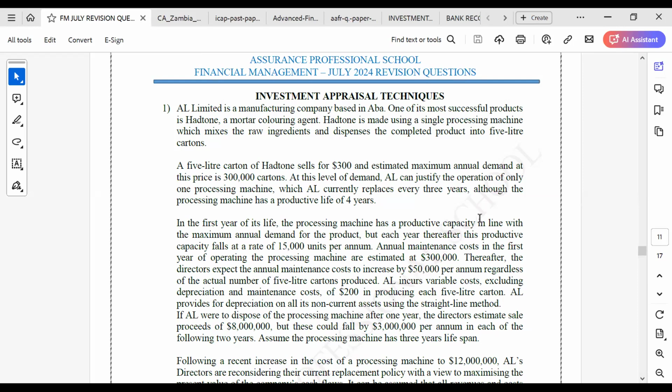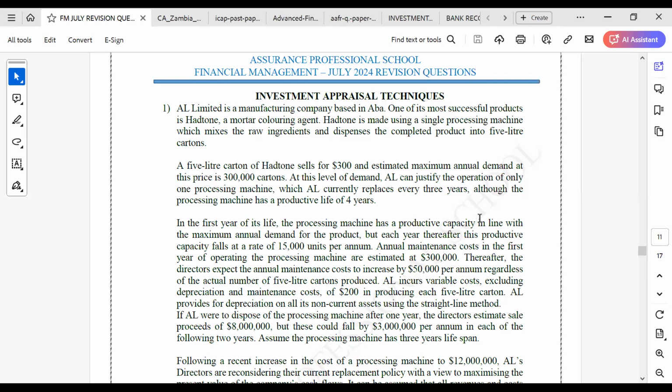A 5-liter carton of Hardtone sells for $300, and estimated maximum annual demand at this price is 300 cartons. At this level of demand, AL can justify owning one processing machine, which AL currently replaces every 3 years, although the processing machine has a productive life of 4 years.